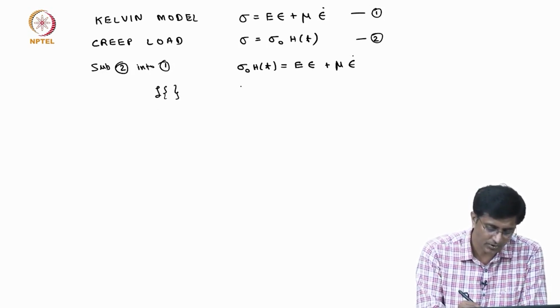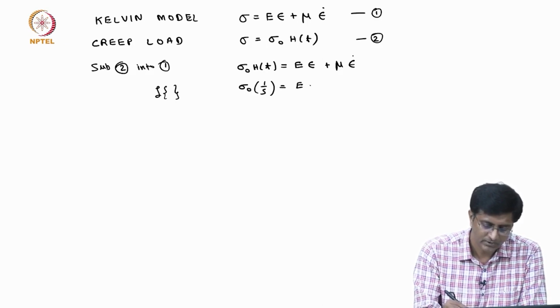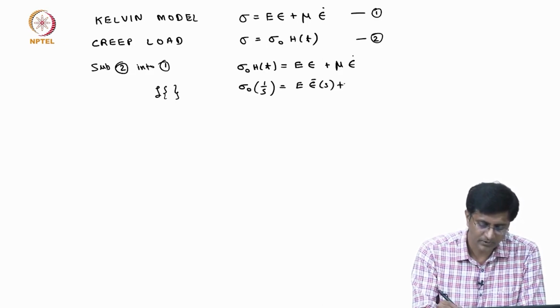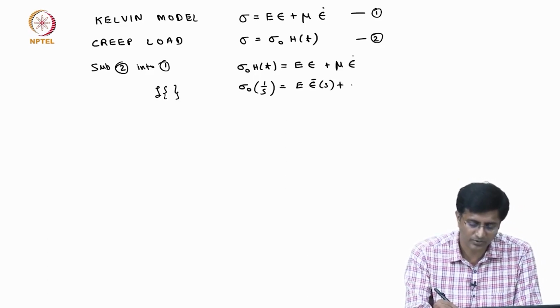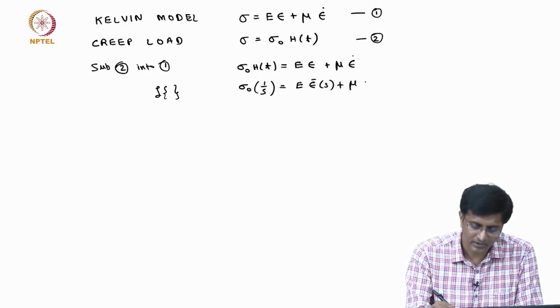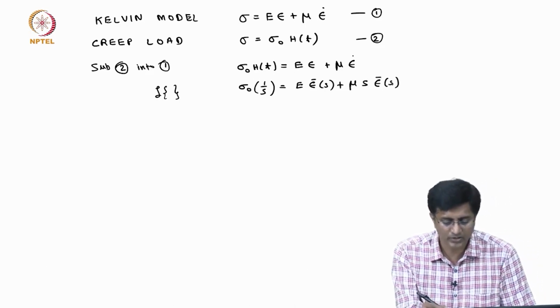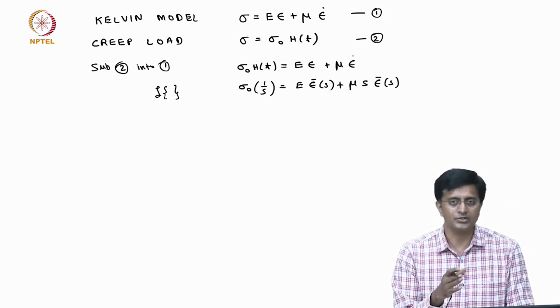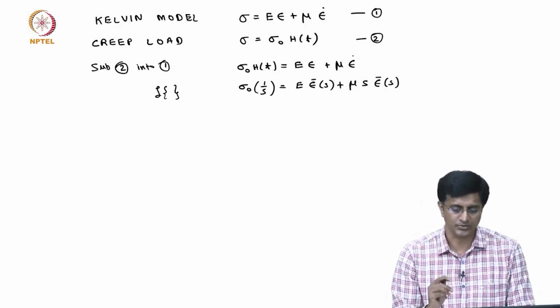It should give sigma naught times 1 by s equals E epsilon of s plus, for the first derivative of the function, like we have been doing previously, s times epsilon of s. We are ignoring the second term because to the left of time t equal to 0, there is no input nor response.